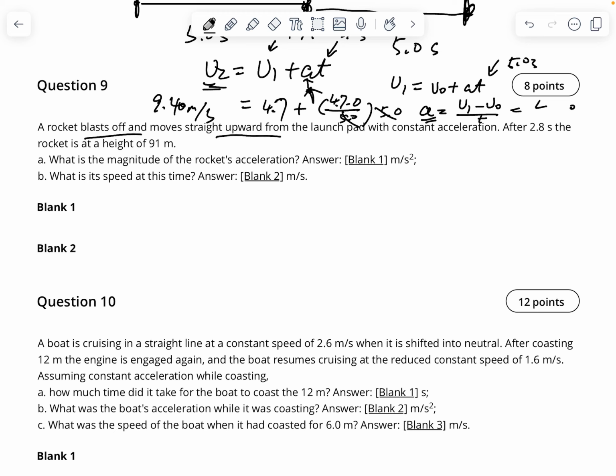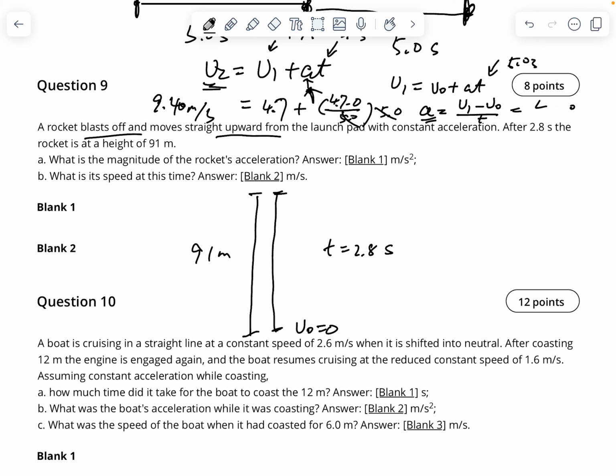Blast off. So here V naught is 0, and after 2.8 seconds, t equal to 2.8 seconds, the rocket is at 91 meters. What is the magnitude of the rocket's acceleration?